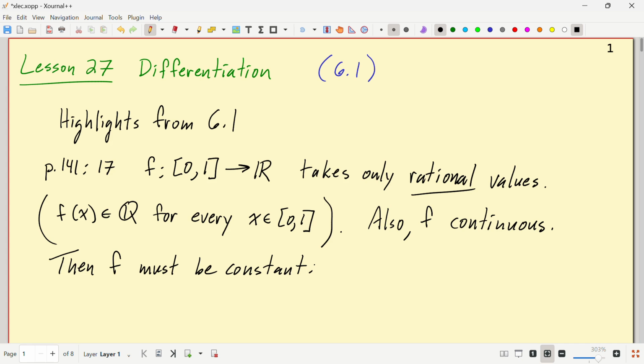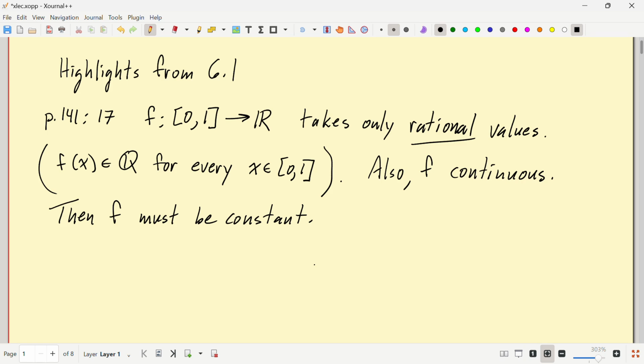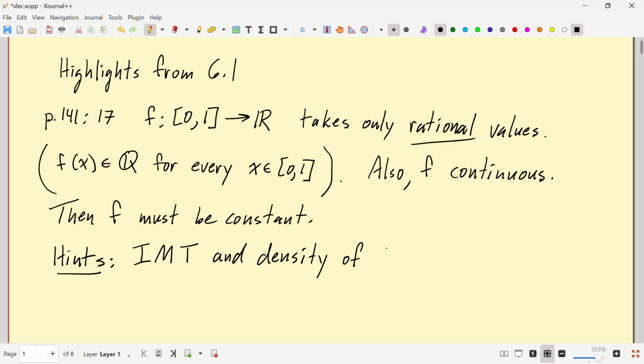So the big hint, there are two big facts: intermediate value theorem, and the density. Actually, in this case, it would be the density of irrationals.